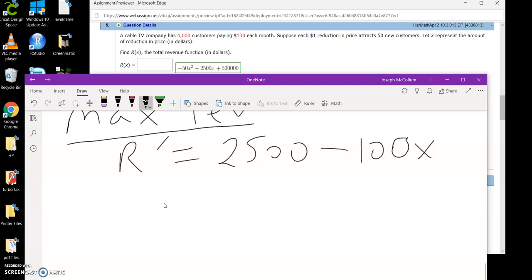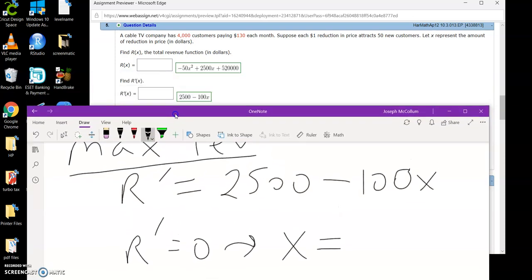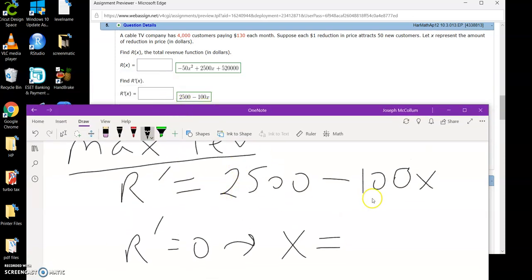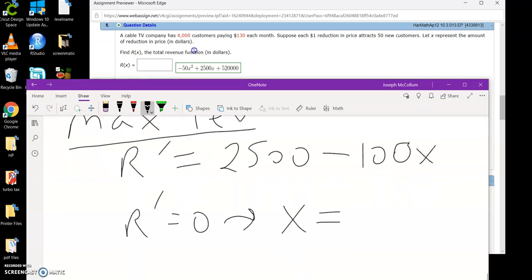To continue on, to find the maximum, we set this, R prime, equal to 0. And so when you do that in this question, when you set that equal to 0, the 2500 minus 100x, first of all, they do the derivative, good check, and then they go straight to the revenue.